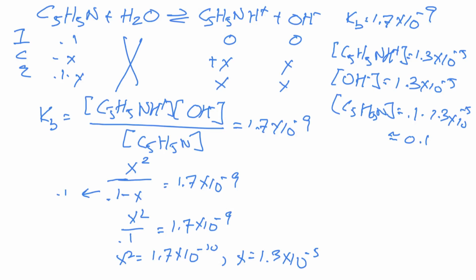Now, the question asked what the amounts of these different substances were, which I listed for you. But you'll notice there's a hydroxide ion here, where the concentration of OH minus is 1.3 times 10 to negative 5, but I also have hydroxide ions on the previous slide.